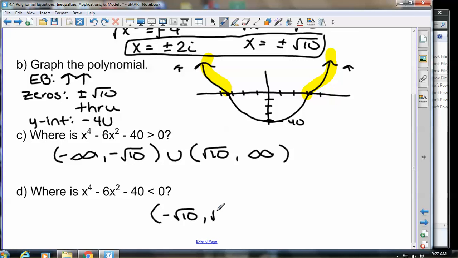So that's from negative to positive. And of course, if you're not sure about something or want to double check, put it in your graphing calculator and confirm that your graphs match. Questions there?